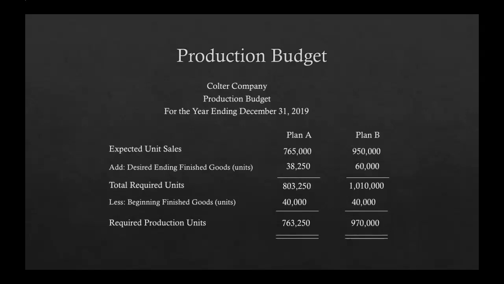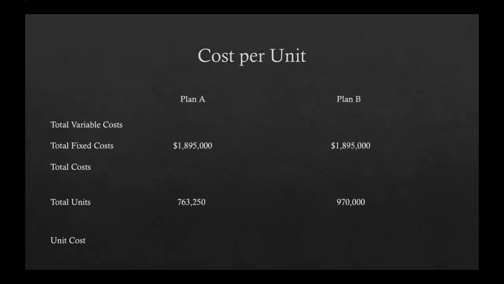So now our next step is to compute the production cost per unit under each plan. We're going to set something up like this, where we have our total variable, our total fixed, and we add those together to get our total costs. Then we have our total units that we had to produce based off of our production budget, and using the total cost and the total units, we can find our unit cost.